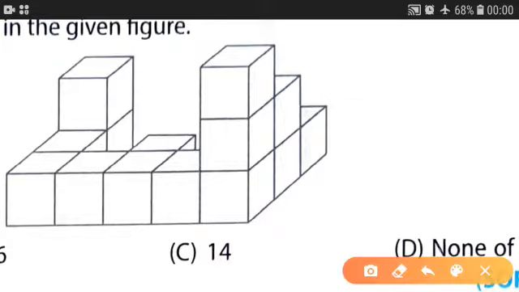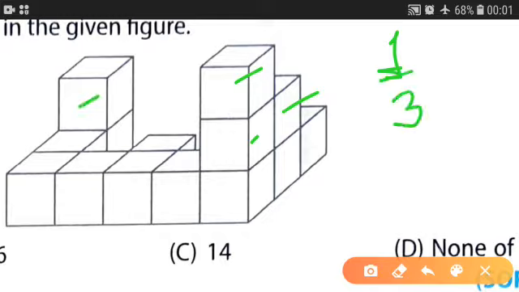If we sum up the number of cubes, in the first layer it is only 1. How many cubes are there in layer 1? This is 1. Now count in the second layer. This is 1, 2 and this is third, so 3.